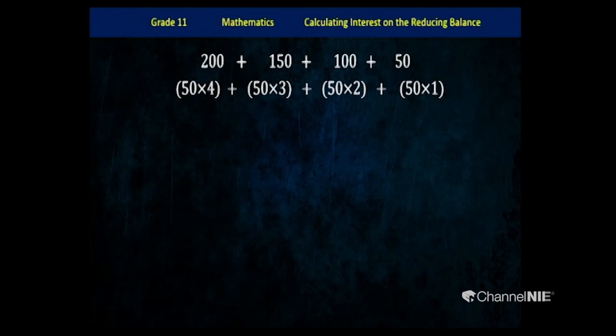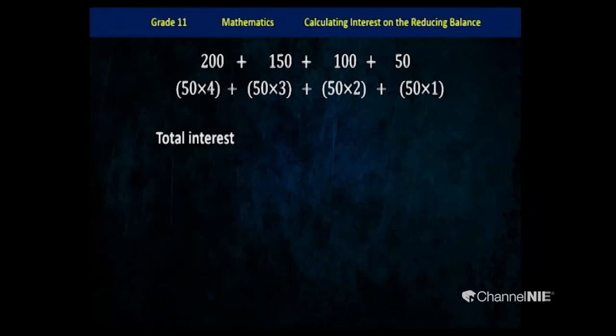Therefore, for 20,000, that means 5,000 into 4, the interest is also 50 into 4. 150 means 50 into 3. 100 means 50 into 2. 50 means 50 into 1. Reducing balance: 5,000 by 5,000 decreasing, month by month decreasing. Therefore, you are little by little getting closer to the end of the settlement period. Therefore, your interest decreases. The interest is calculated like this.